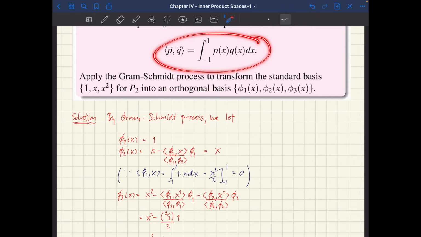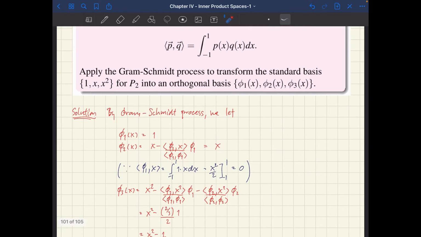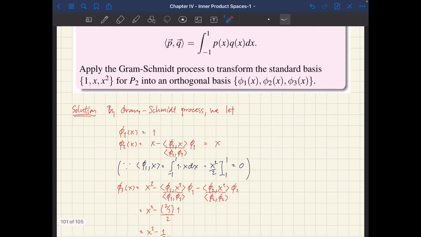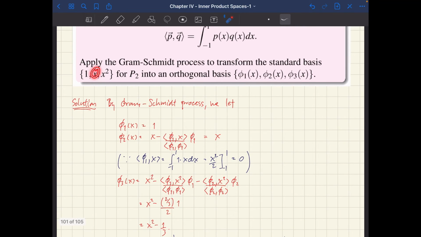What does it mean? By the Gram-Schmidt process we choose phi 1 equal to 1, and phi 2 we choose x minus the inner product of phi 1 and x over the inner product of phi 1 and phi 1, times phi 1. So we need to find the inner product of phi 1 and x.